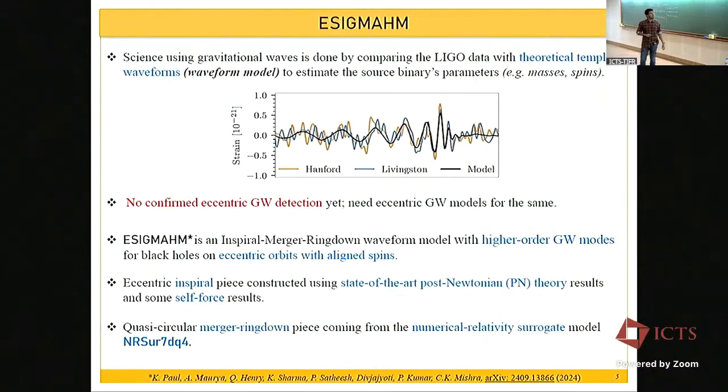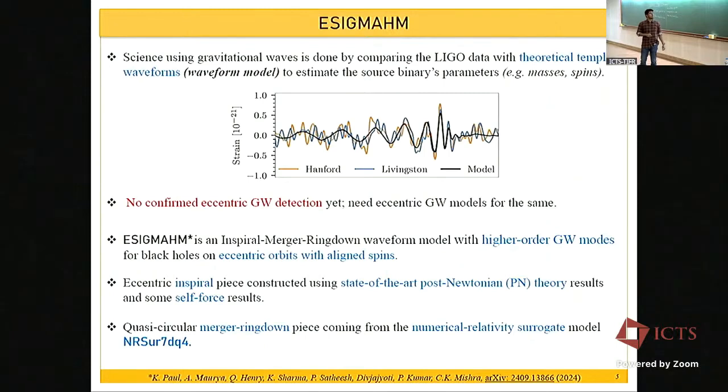There has been no confirmed eccentric gravitational wave detection yet. And even to do so, we will need waveform models which have eccentricity in them. And E-sigma-HM is one of our own developed models, which is an eccentric model for aligned spin binary black holes. And it also has things like higher order gravitational wave modes, and it's an inspiral-merger-ringdown waveform model.